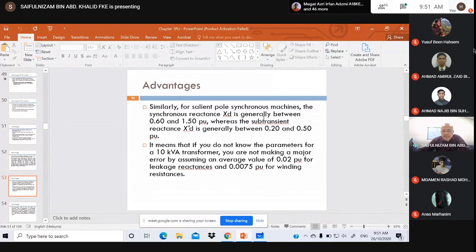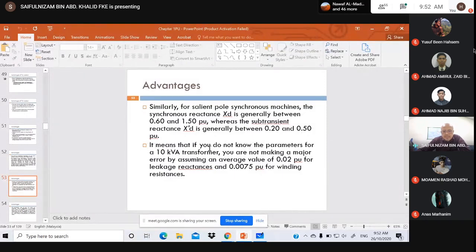If we are interested in the sub-transient fault current, we have to use this sub-transient reactance, which is much smaller, between 0.2 and 0.5. So this is the value of the impedance or reactance for various fault study conditions. This one during the steady state, and this one during the sub-transient condition.